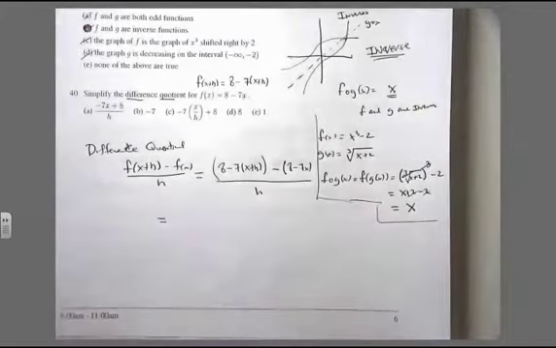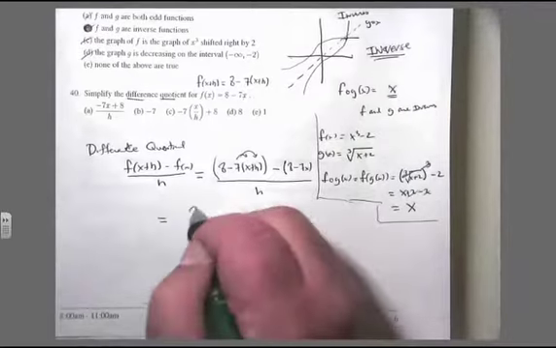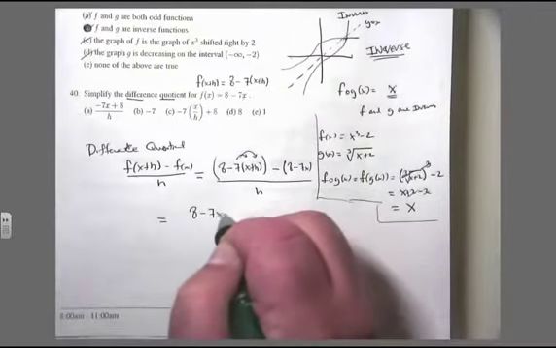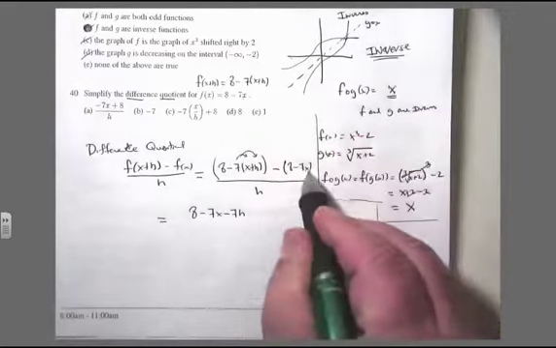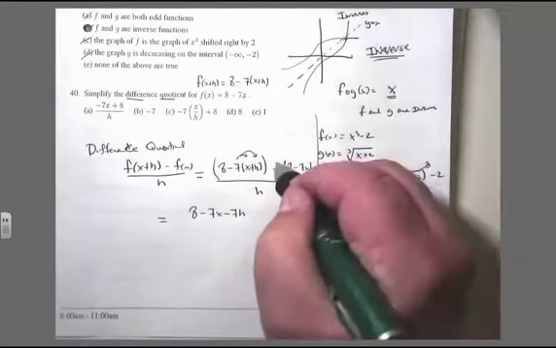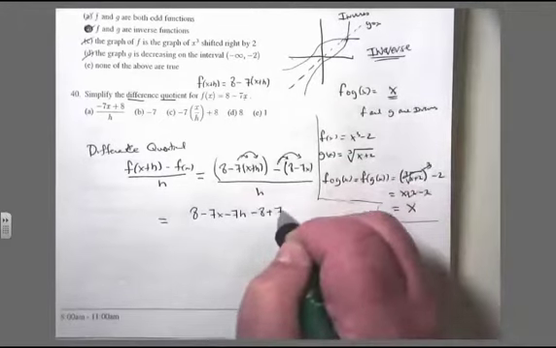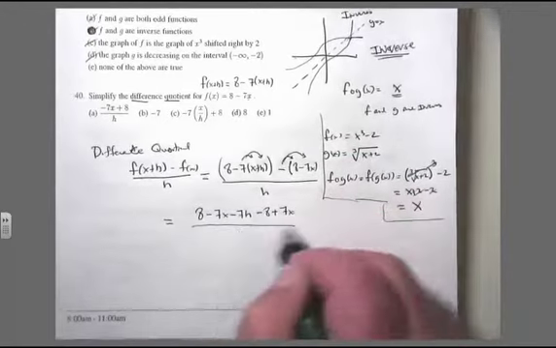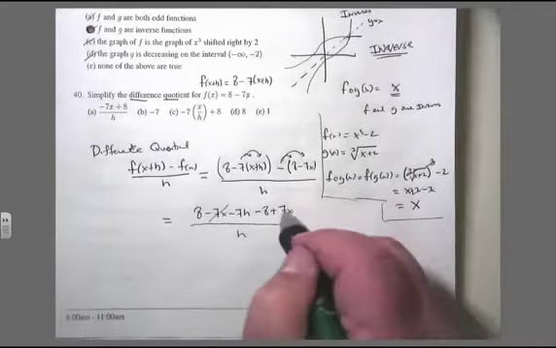If I'm going to clean this thing up, I'm going to do a little algebra here. First thing I'm going to do is distribute that negative 7. This will be 8 minus 7x minus 7h. And because of this parentheses, notice I have to use parentheses when I subtract that function, that negative is going to distribute. That's minus 8 plus 7x all over h. What cancels? 7x is canceled.